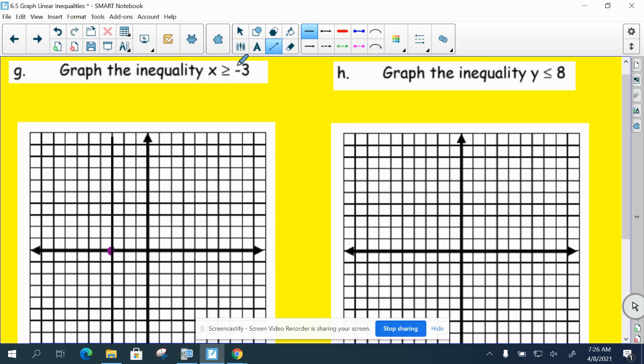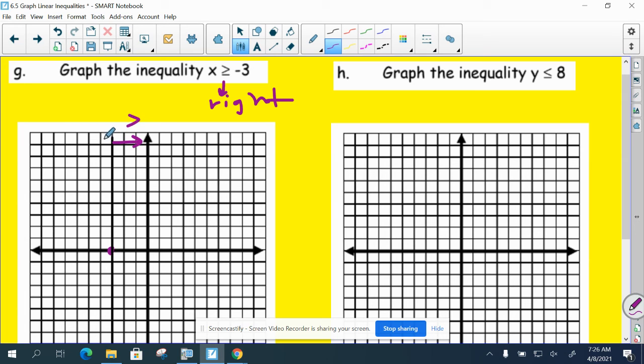If it's greater than or equal to, that means we're going to be shading to the right. So this way would be greater than, this way would be less than, because it's going in the negative direction. So take your crayon and shade on this side of the vertical line.